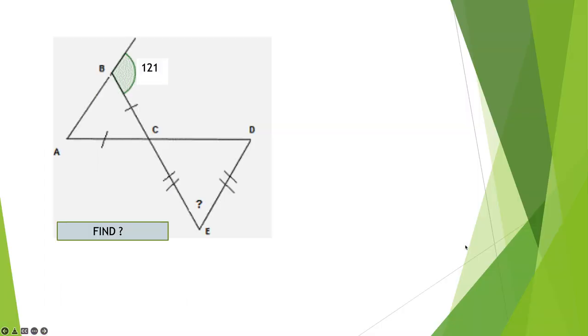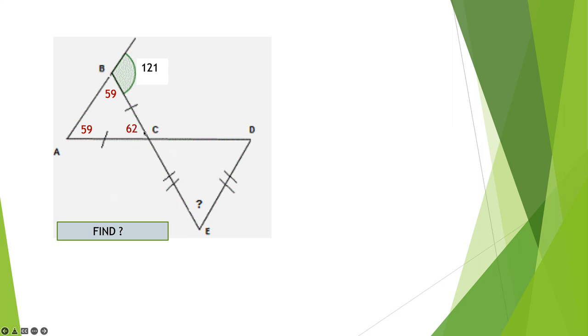Oh, what are they asking for? Okay, so I have 121, and these 2 angles up here add up to 180. So the missing angle has to be 59. And because this is an isosceles triangle, the other base angle is also 59. Well, if I add up 59 and 59, I get 118, which means the vertex angle has to be 62.